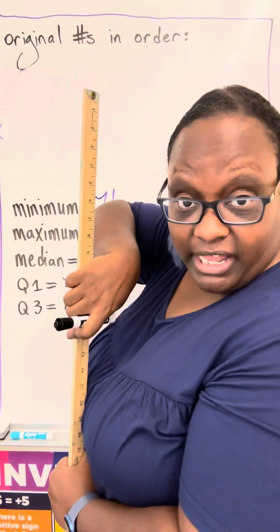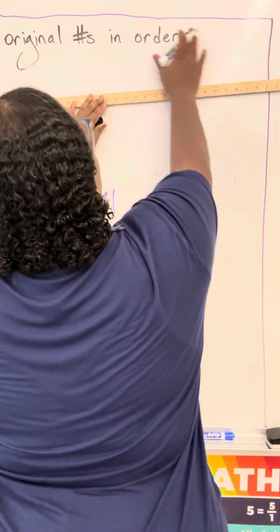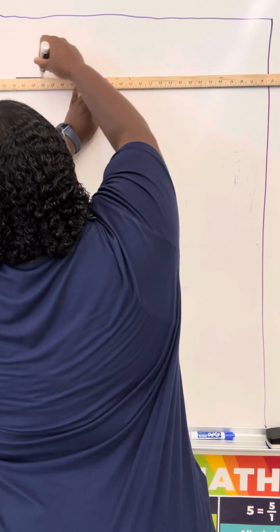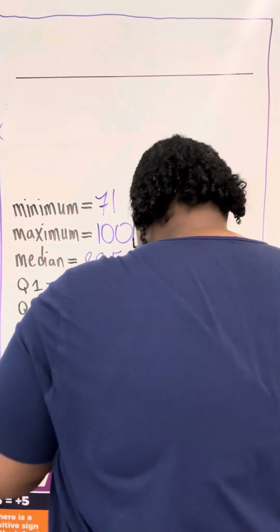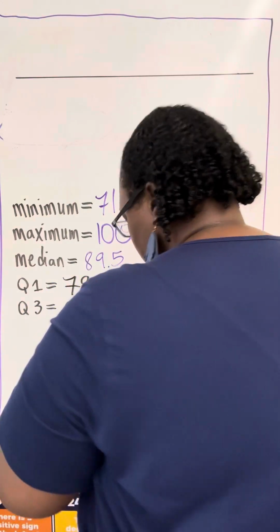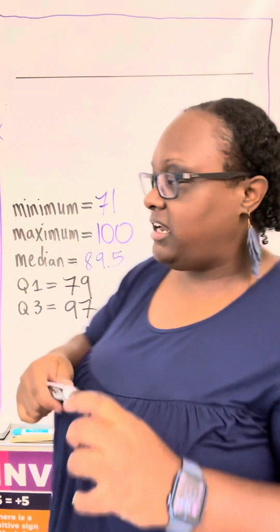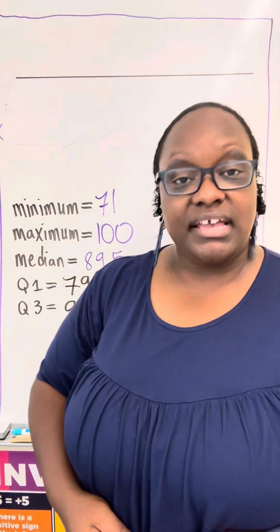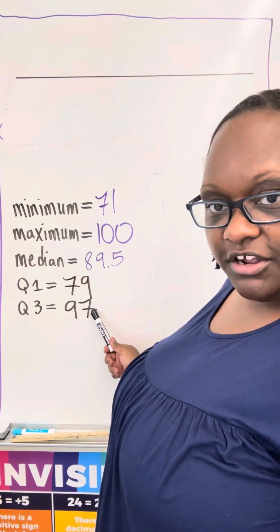So you're drawing a number line. Your number line, the smallest part needs to be somewhere near here, and the biggest part needs to be somewhere near here.